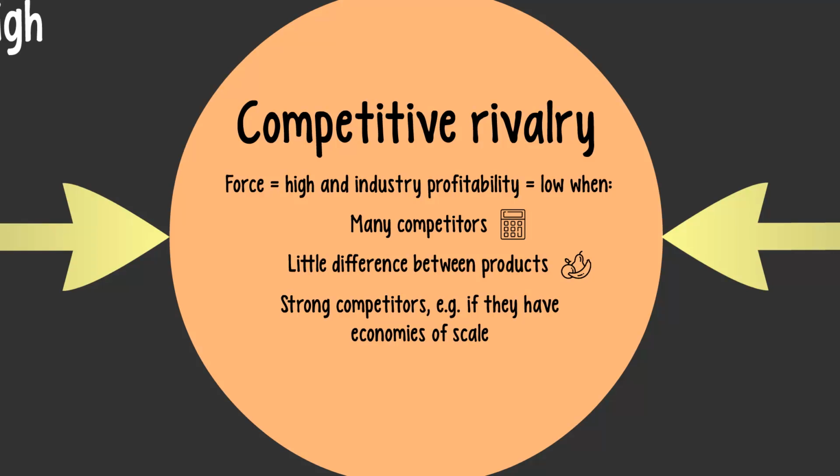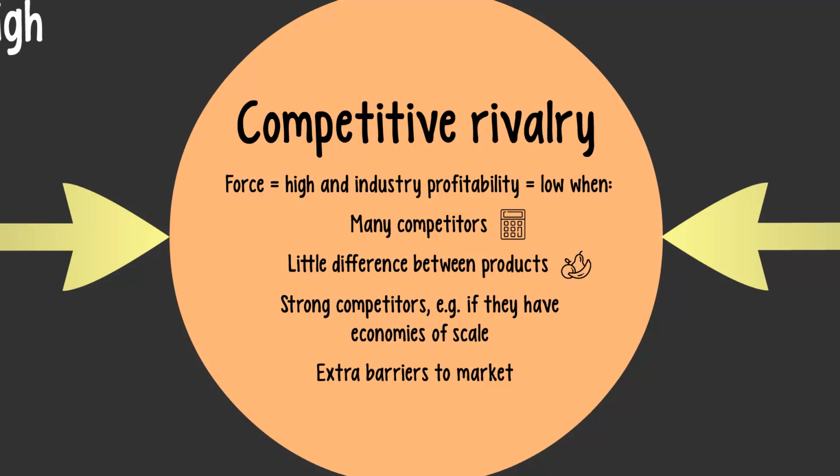And the final high force in competitive rivalry is if there are exit barriers to the market. Now, an exit barrier, our prompt says extra barriers to market, but I promise you and assure you that it is exit barriers. Now, an exit barrier is if there are high costs of leaving a market.